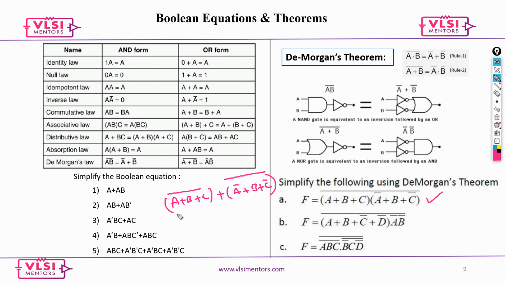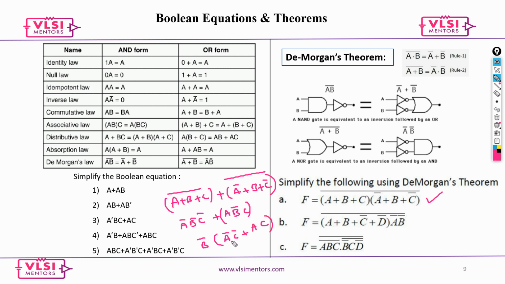Now you solve this, so it is going to be A bar B bar C bar, plus A double bar, which is A, and then B bar, and then C. Now you just take B bar outside. Now it is going to be A bar C bar plus AC.